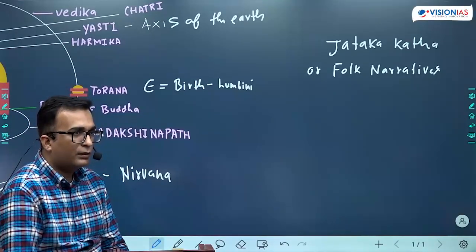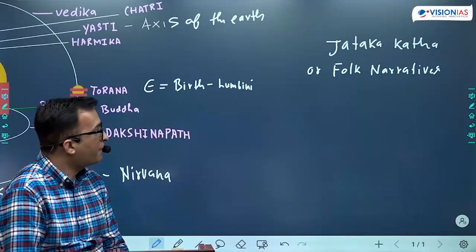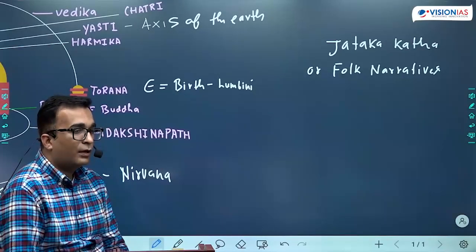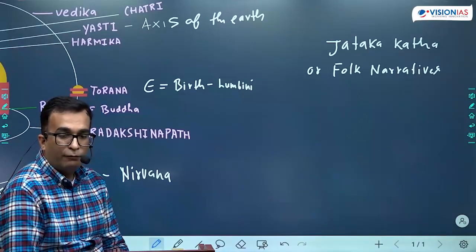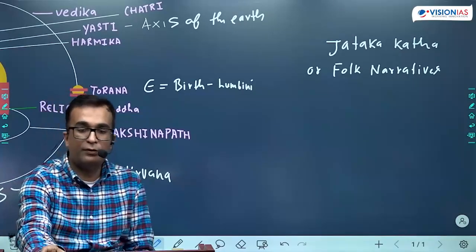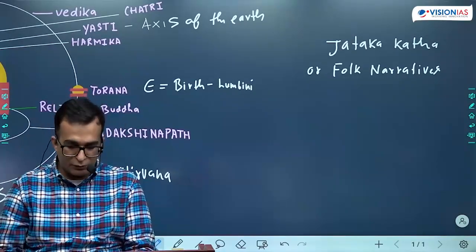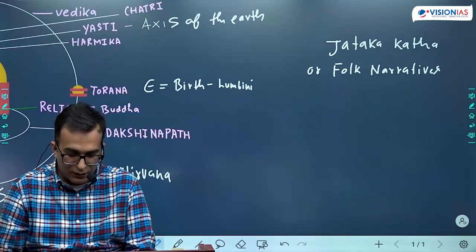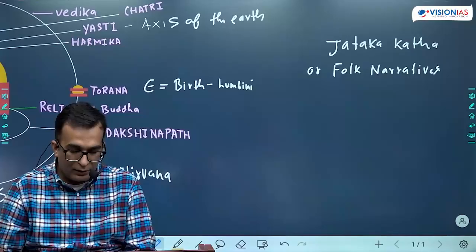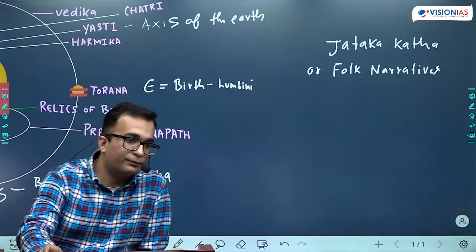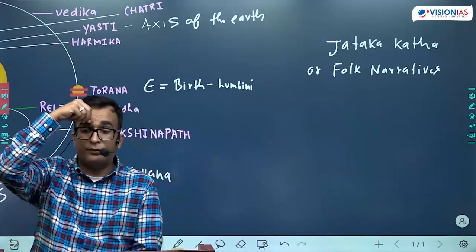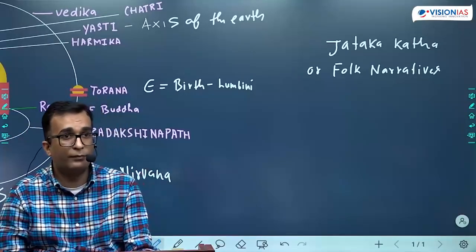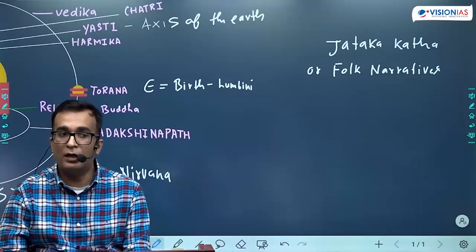Then mention: four gateways known as Toranas are created in the stupa. Full stop.